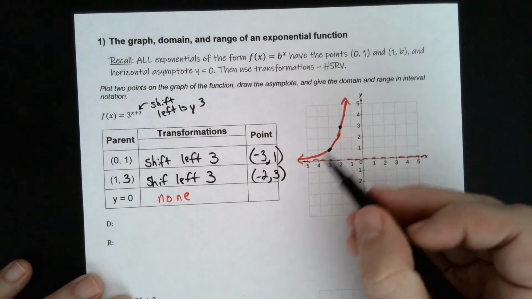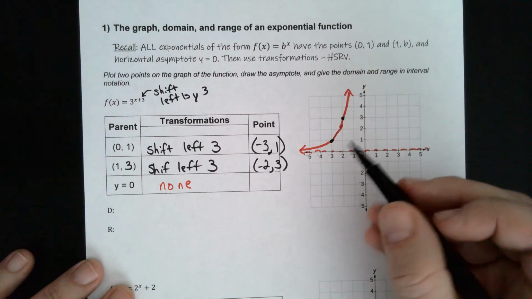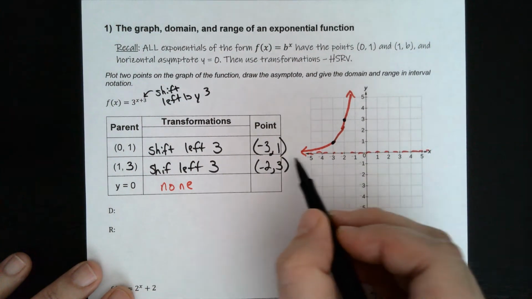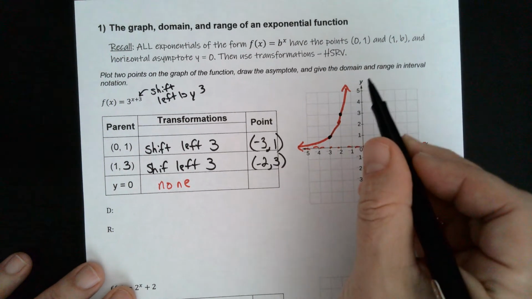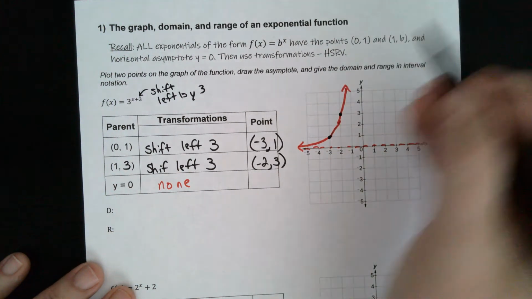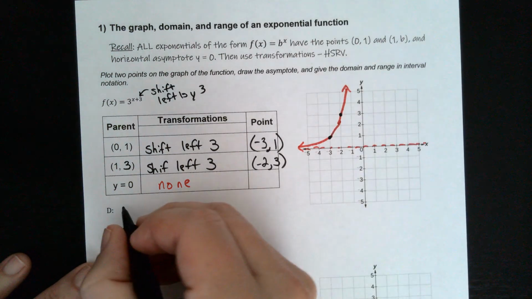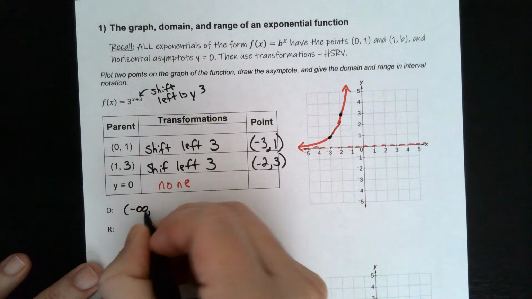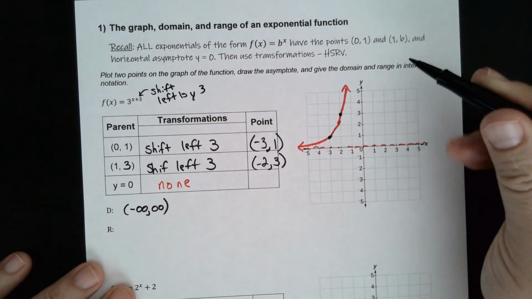Now we can take a look at our domain and range. The domain goes left and right forever. Even though it looks like it's going straight up, it's still moving right. The higher it gets, it's moving more and more right. And obviously it's pointing left, so it'll be negative infinity to infinity. The range, though, starts at 0, that's the lowest point, and goes up.